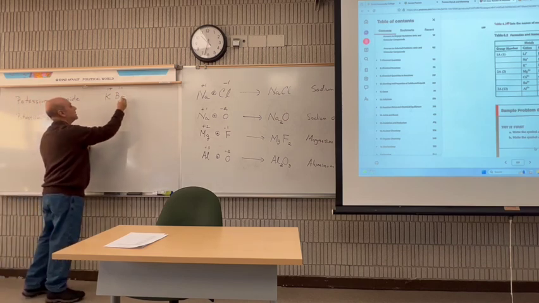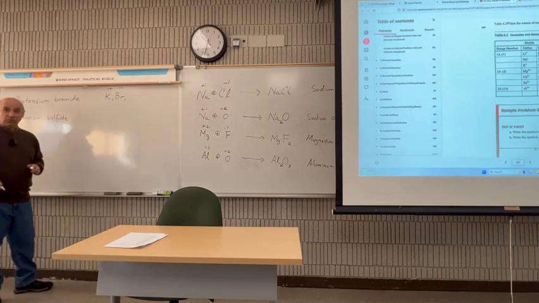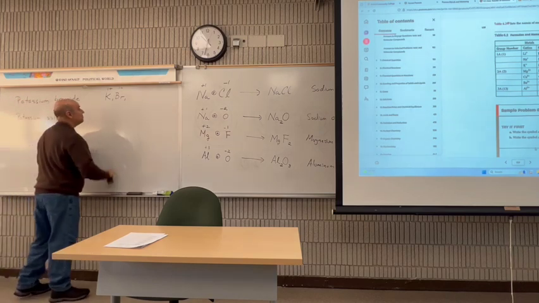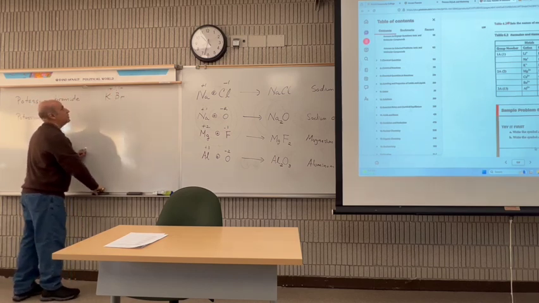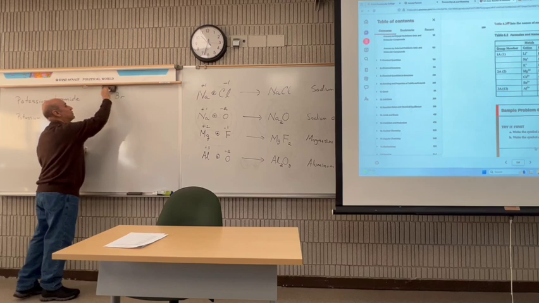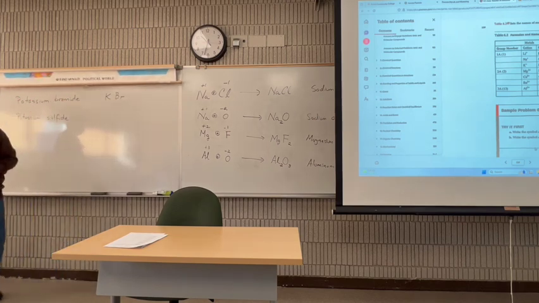If I crisscross, I have 1 and 1, but I don't write ones, so I erase them. Because this was just my guide, I'm going to erase it. That was just for me to know the subscripts. And KBr is potassium bromide.